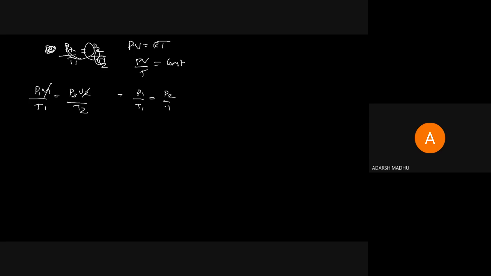R is a constant, therefore PV by T equal to a constant. This is the condition for ideal gas. Therefore P1 V1 by T1 equal to P2 V2 by T2. Here volume is not changing, therefore P1 by T1 equal to P2 by T2.